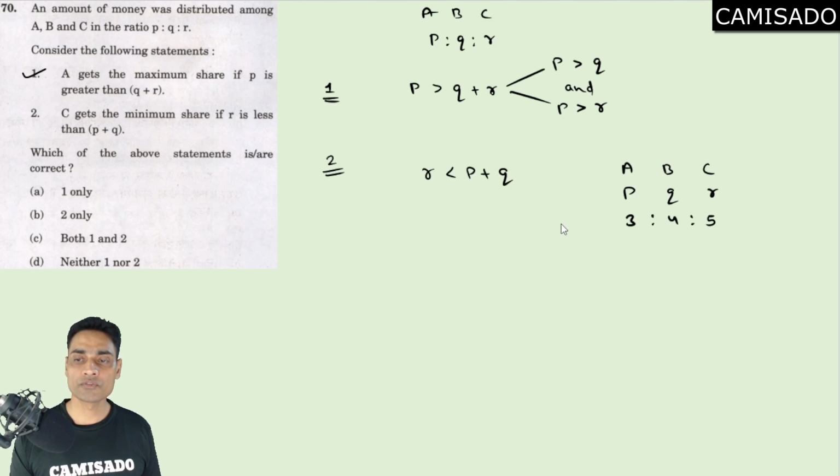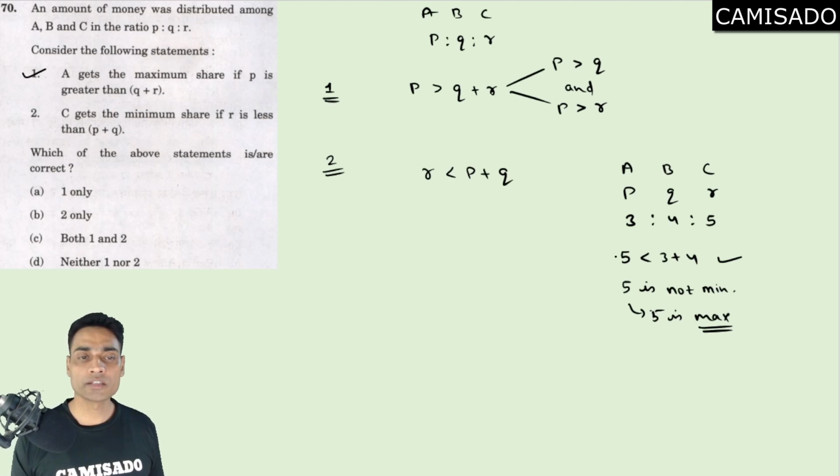Now here 5 is less than 3 plus 4, but 5 is not minimum. In fact, here 5 is the maximum ratio. So C has got the highest value, but R is less than 3 plus 4. So we can't say that R is minimum. Fine. So here the correct option is this one only.